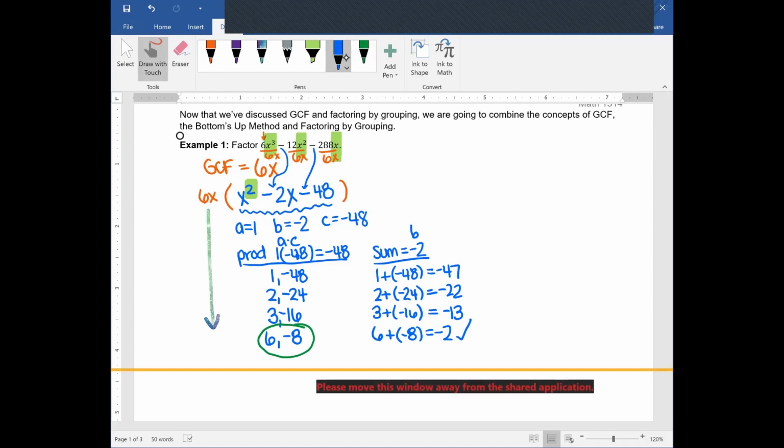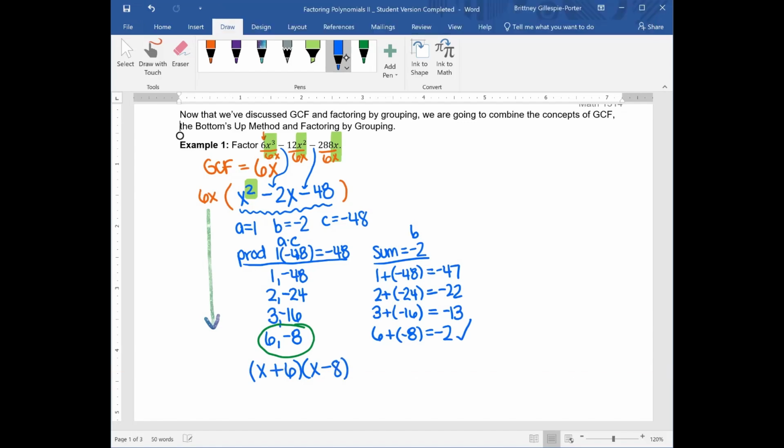Which means when we get to our factors, we're going to have x plus 6, because the 6 was positive, times x minus 8, because the 8 was negative. You know we're supposed to divide by a, which in this case was 1, and we simplify our fractions. 6 divided by 1 gets us 6. 8 divided by 1 gets us 8.